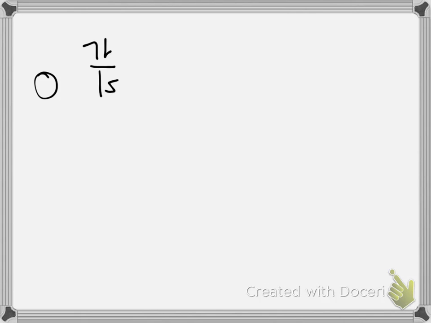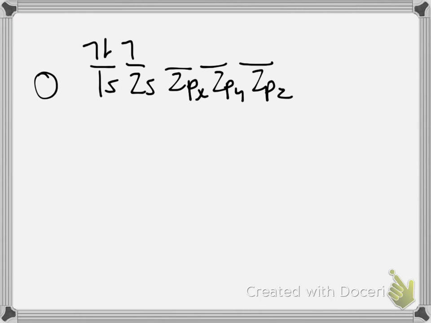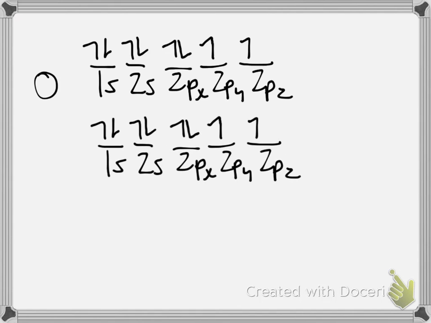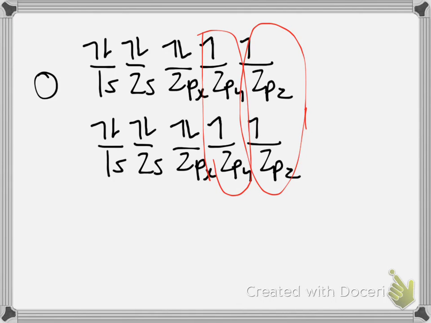So 1s, 2s, 2px, 2py, 2pz, 1, 2, 3, 4, 5, 6. Well, lo and behold, oxygen has these 2 that can share, and those two can share. Forms a double bond. Overlaps two orbitals. Does that make sense?